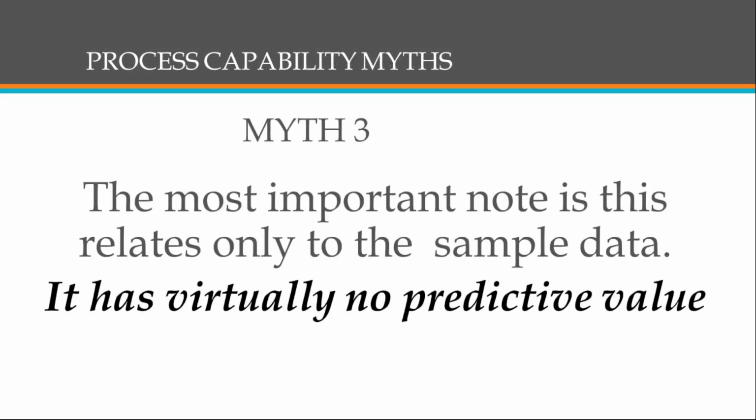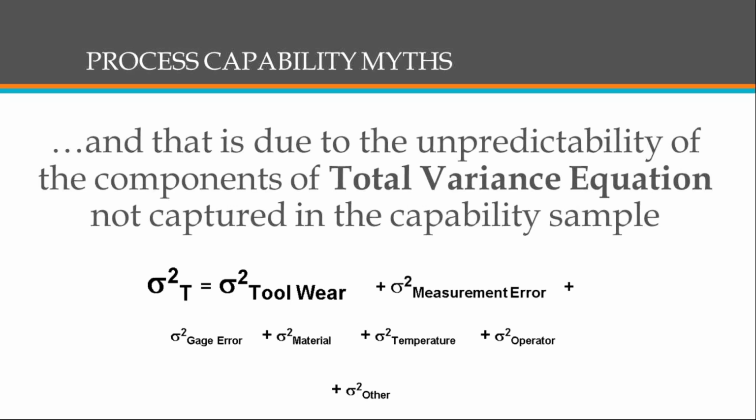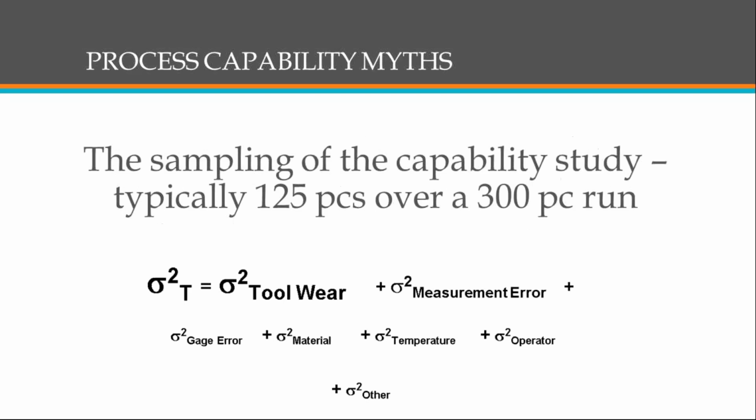And myth number three, and the most important of these, is that when you are using sample data, it has virtually no predictive value whatsoever on these capability indices. If you take a look at the total variance equation, you'll find that there's a lot of characteristics that contribute to your capability, but your sample is a very small sample. Typically, you might have 125 pieces over a 300-piece run.